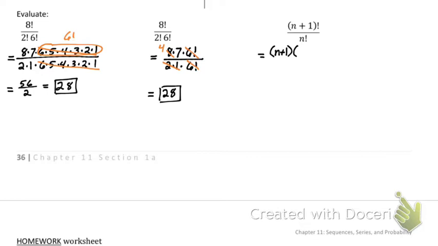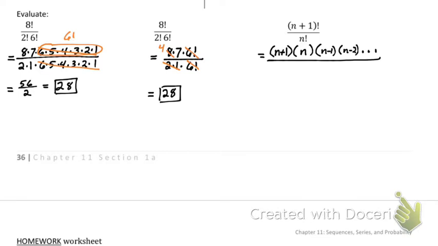So n plus 1 minus 1 is going to give me n. What would my next one be? Jacob? N minus 1. What would my next one be? It would be n minus 2. And we could keep going. I'm not going to because you get the idea.